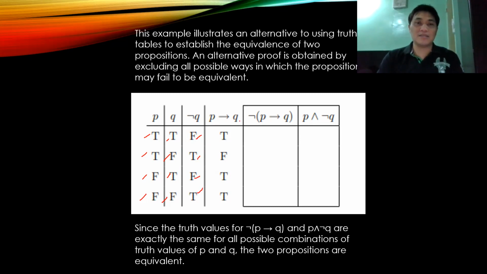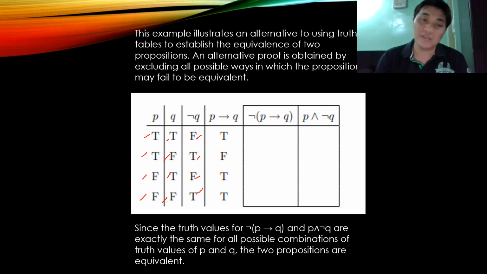Then let us get the column for P implies Q. For both true, the truth table will be true. True and false will be false.